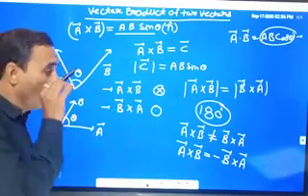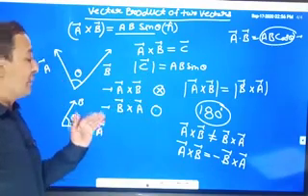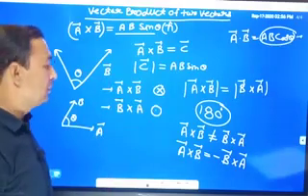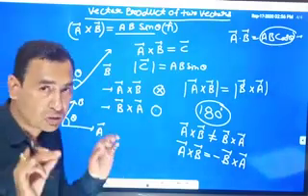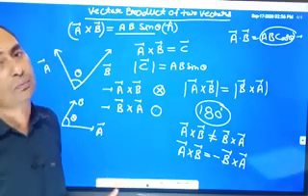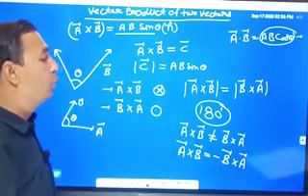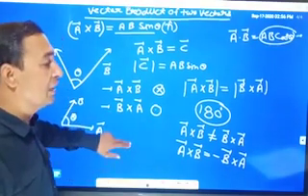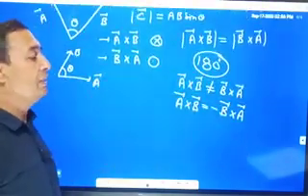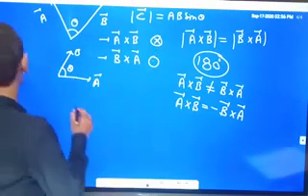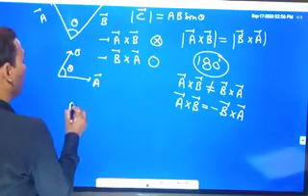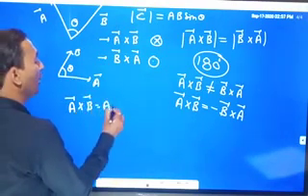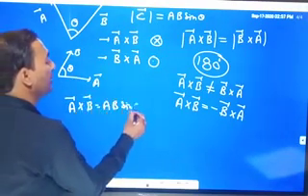Okay, now some properties of the vector product. Okay, आप नोट्स को ध्यान से पढ़िएगा, मतलब नोट्स पढ़ेंगे तो ही आपको सारी बात समझ में आएगी. Okay dear students, now properties of cross product. Then first property of cross product: A vector cross B vector equal to AB sin theta n cap.